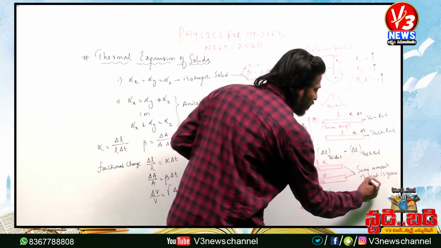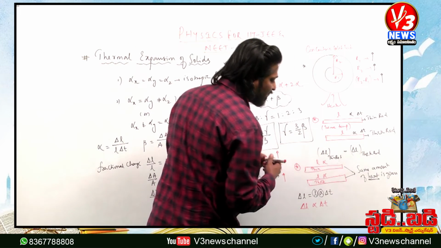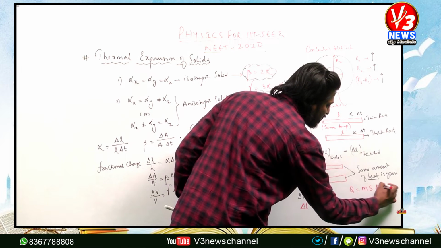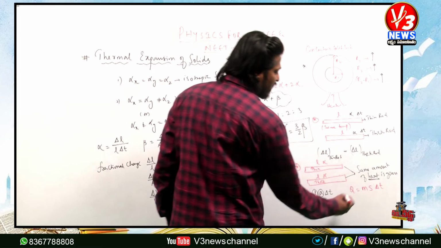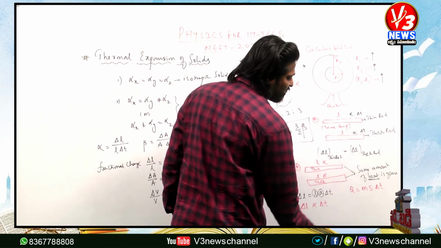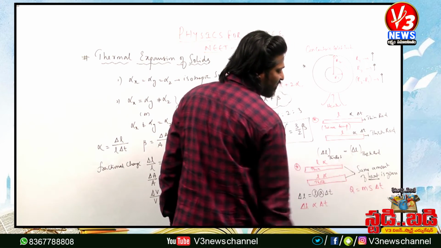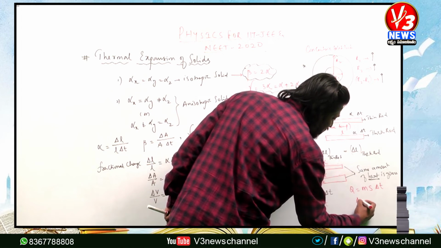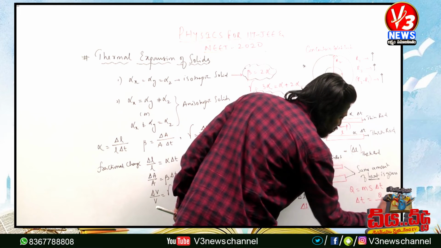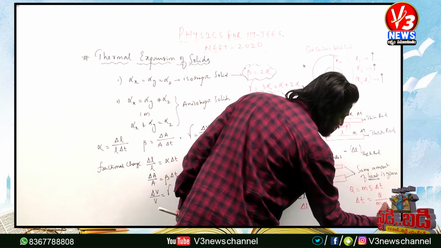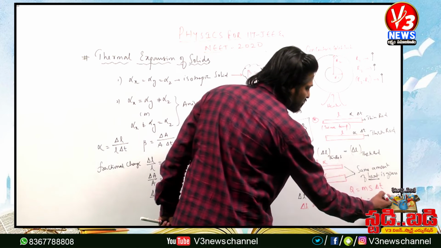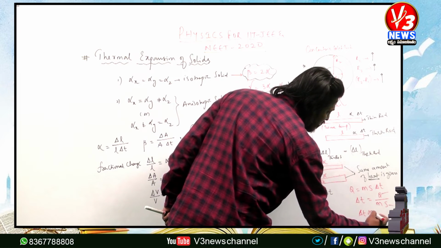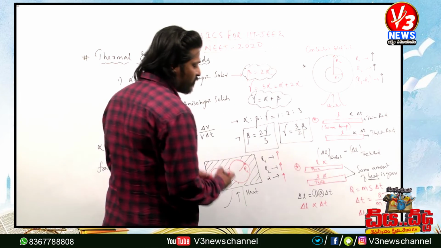When you give the same amount of heat, Q equals M into S into delta T. When the same amount of heat is given and the material is the same, the specific heat is also the same. Taking delta T out, delta T equals Q by M into S. As it is made of the same material, with the same heat and the same S, delta T is inversely proportional to mass.